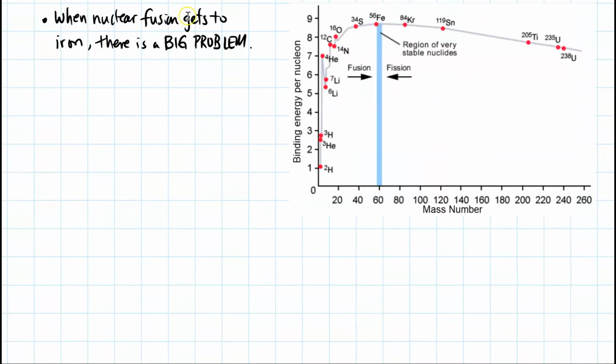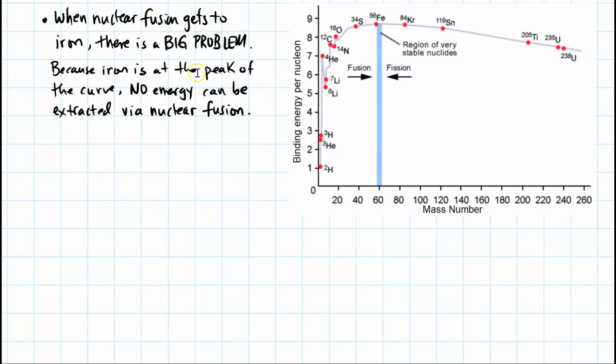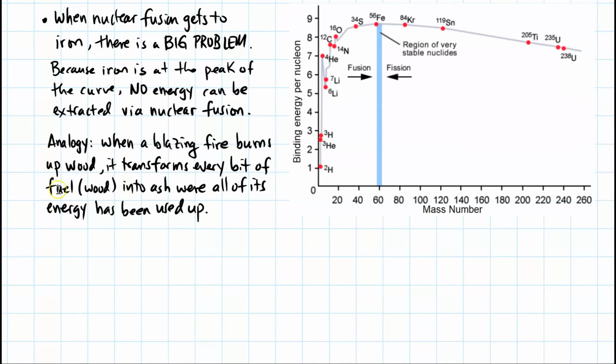When nuclear fusion gets to iron, there's a big problem. You could see that iron is at the peak of the curve. Because iron is at the peak of the curve, no energy can be extracted via nuclear fusion.